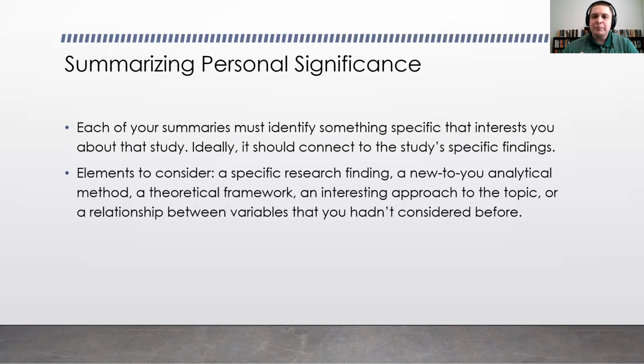So you can think both about the specific things they found, as well as how they approach the topic. You might also think about relationships that they show that maybe were a surprise to you, things that you hadn't thought would be important. Because in any given relationship between a potential cause and an effect, an outcome, there's something that's going to be obviously important.